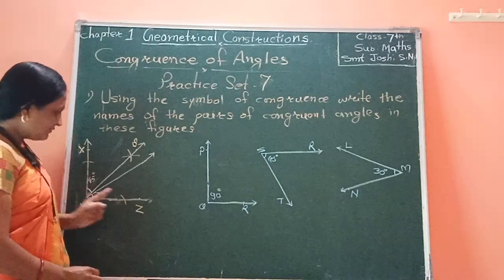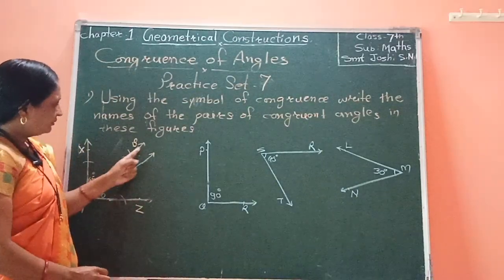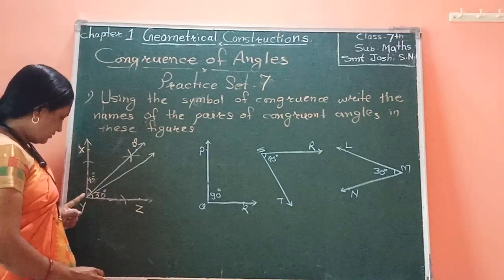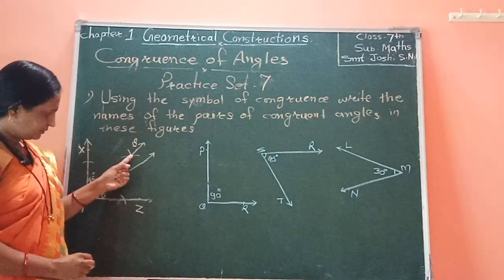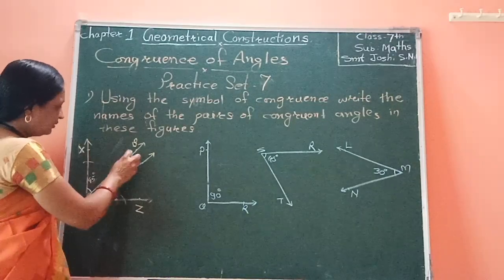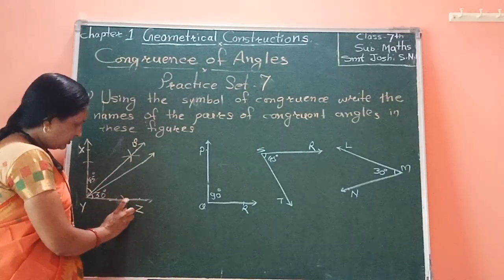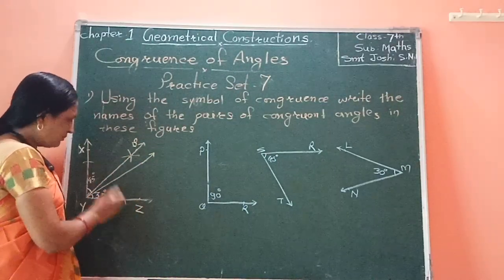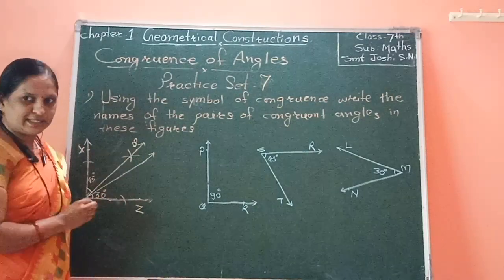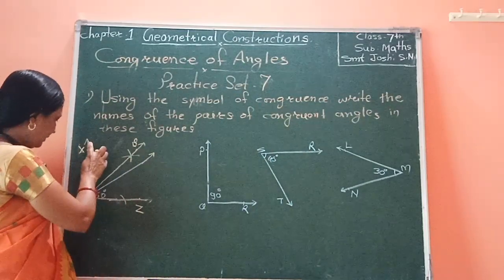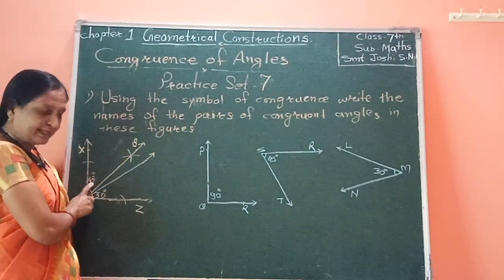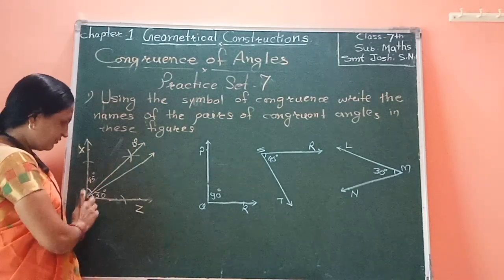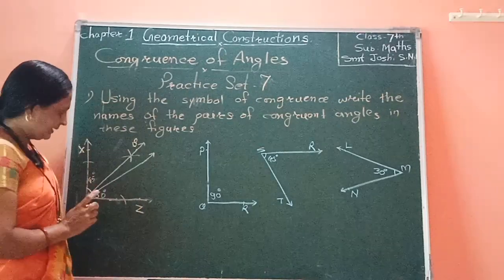In XYZ angle, here this YB is an angle bisector. We know these are the marks of angle bisector. Here measure of angle XYB equal to 45 degree and measure of angle BYZ also 45 degree.